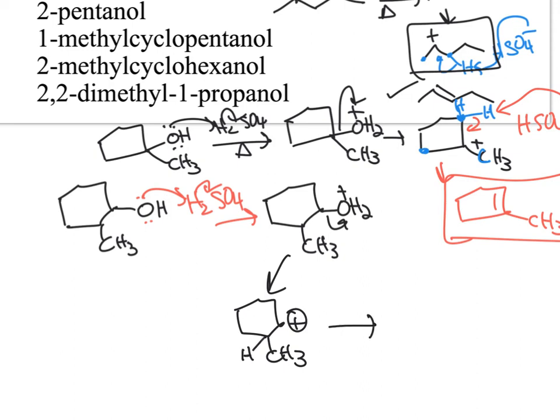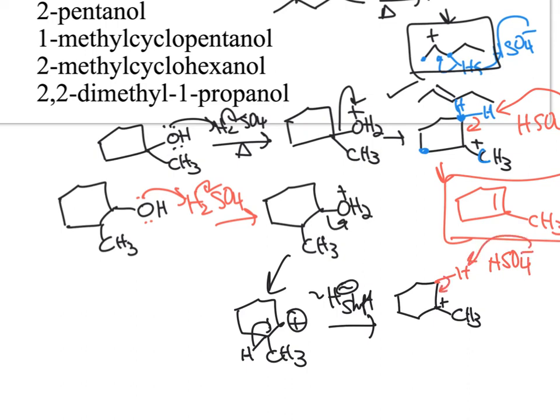So in this case, you would get a hydride shift to give you a tertiary carbocation. And then the hydrogen from the neighbor carbon, the more substituted one, will get deprotonated, and you'll get the more substituted alkene product because it's an E1.